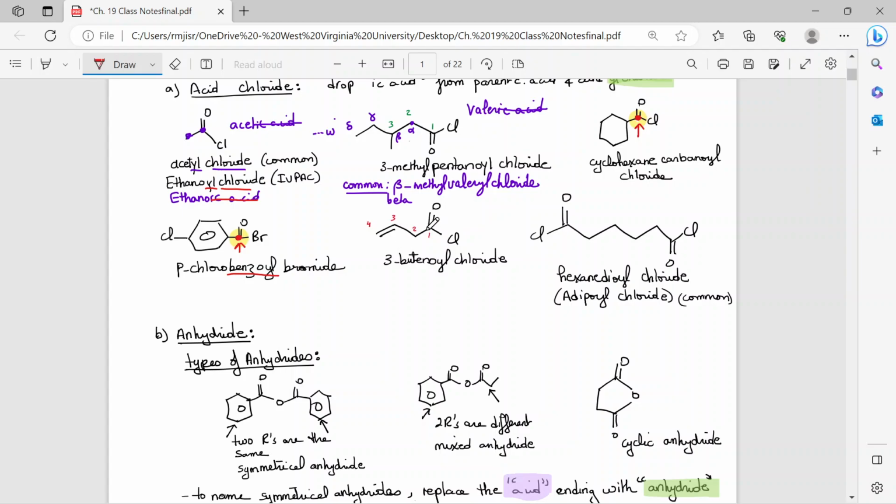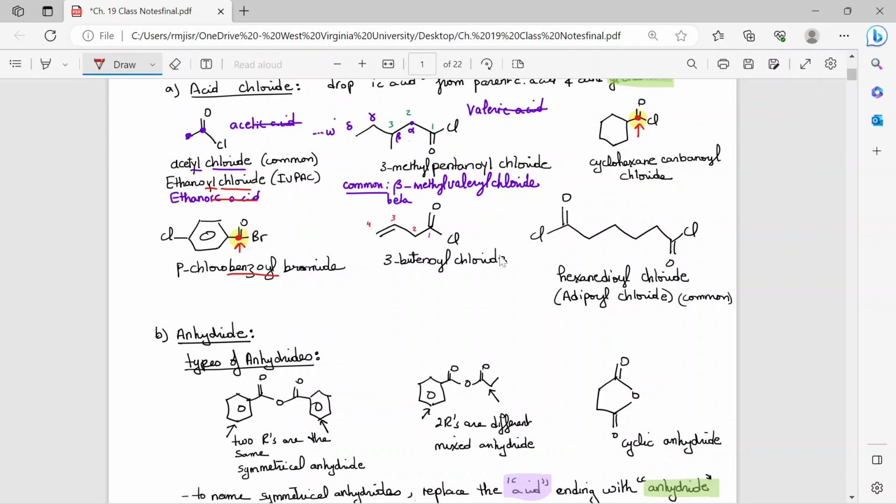If you have any other functional group other than the carbonyl, the carbonyl is going to take carbon number one. Because after all, this is derived from the carboxylic acid, and the carboxylic acid gets the highest priority. The alkene is going to be another functional group. Try to give it the lowest number possible after you give the carbonyl the lowest number, and that is going to be 3-butenoyl chloride.